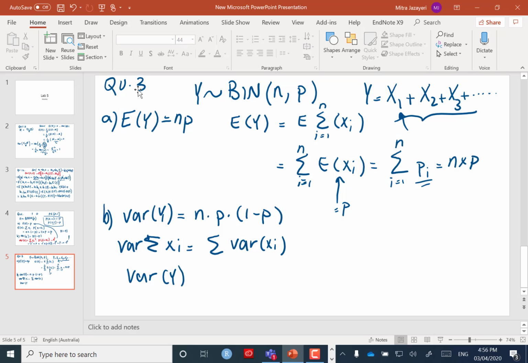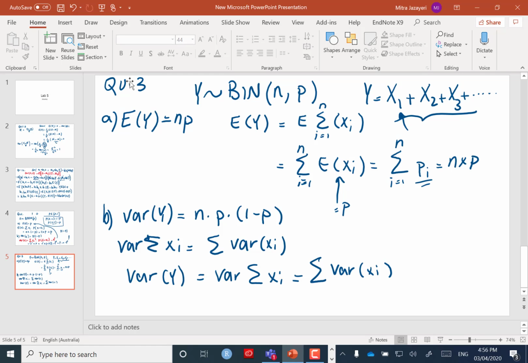So the variance of Y is equal to the variance of the sum of Xi, which is the sum of the variances of Xi. We know the variance of each Xi is p times 1 minus p, and there are n of them, i equal to 1 to n. So it becomes n times p times 1 minus p.